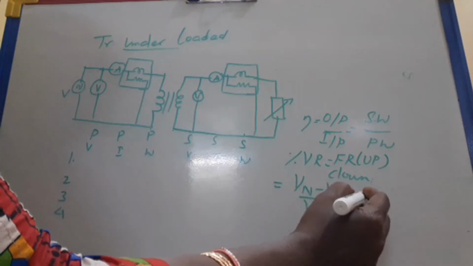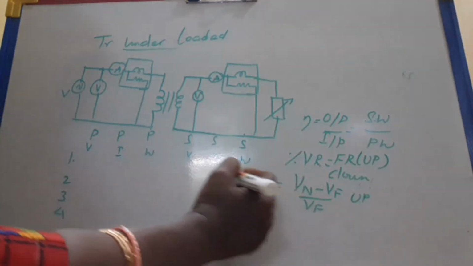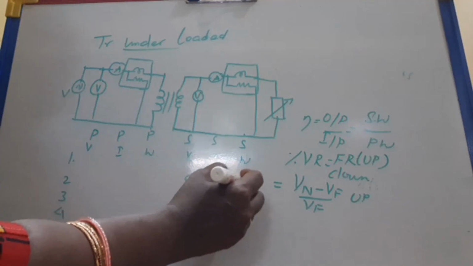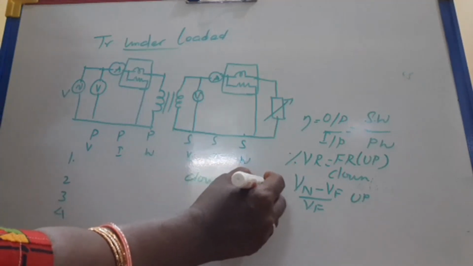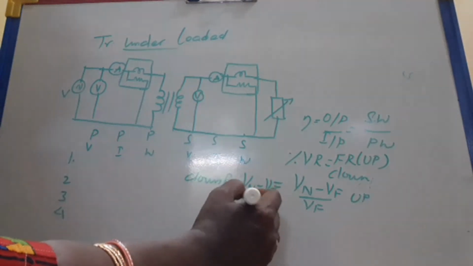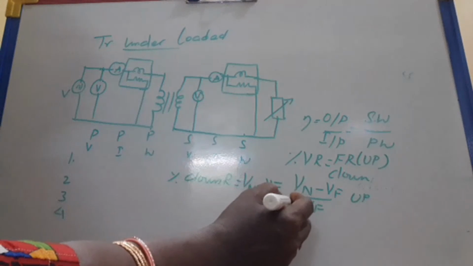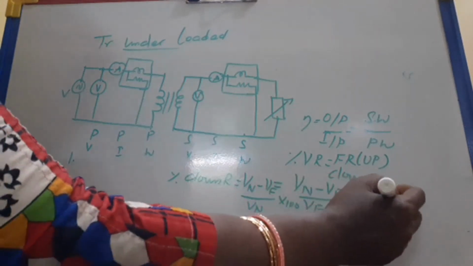Down regulation is V no load minus V load divided by V no load. In terms of percentage, you multiply by 100.